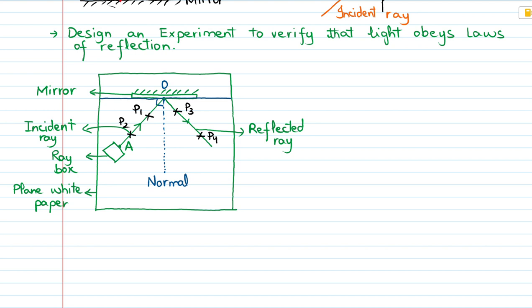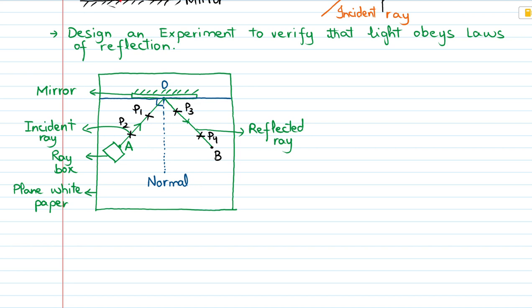So when you remove the ray box, you can join P1 and P2, and P3 and P4 together so that we draw the incident and the reflected ray. So this OB is the reflected ray and this OA is the incident ray.